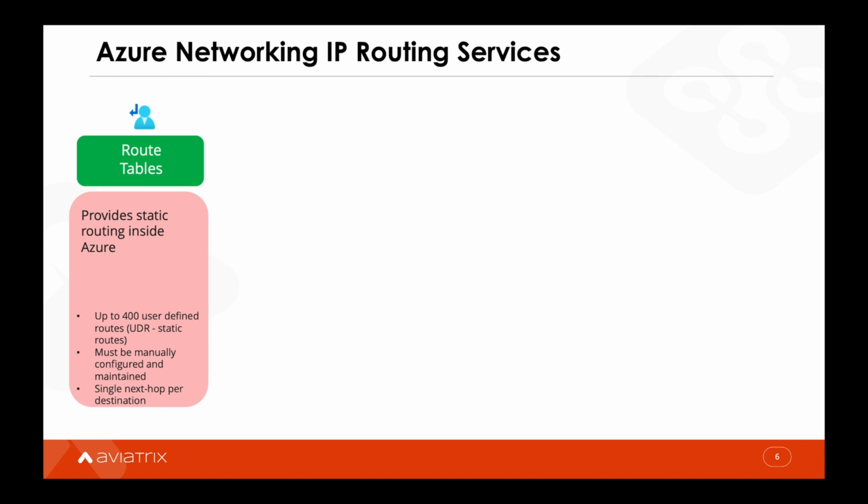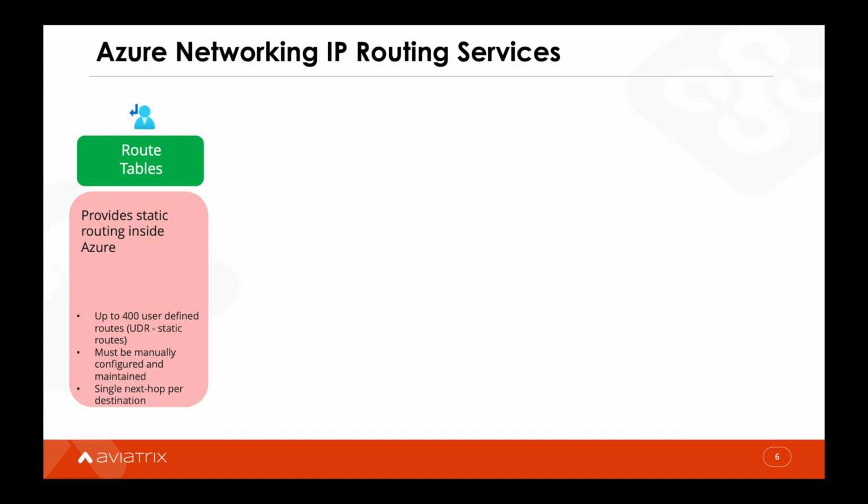Now, moving on, we have the Azure Networking Routing Services. As the name implies, this provides routing between the different constructs in Azure. The first construct or object that we have here are route tables. In many cases, the default flat routing behavior provided by virtual networks, remember that within a virtual network subnets can talk to each other by default.